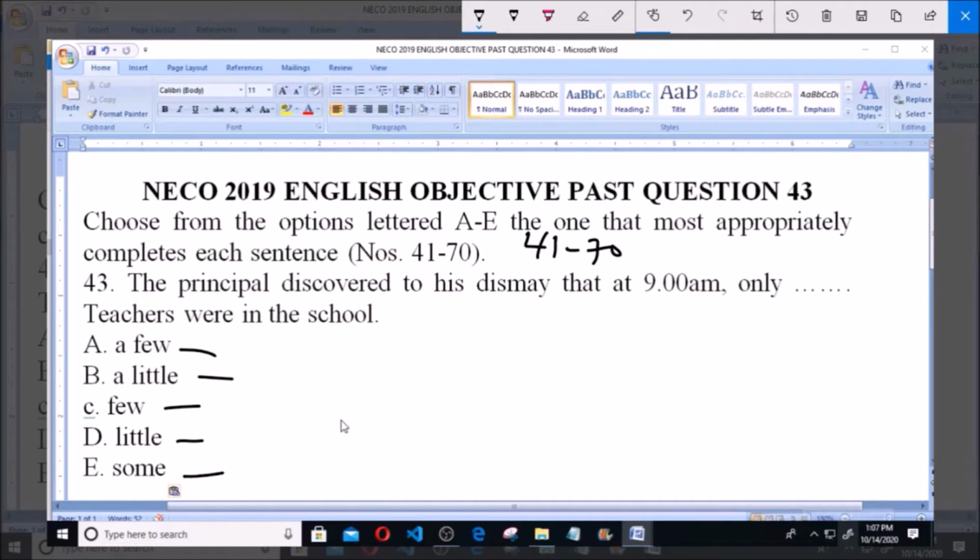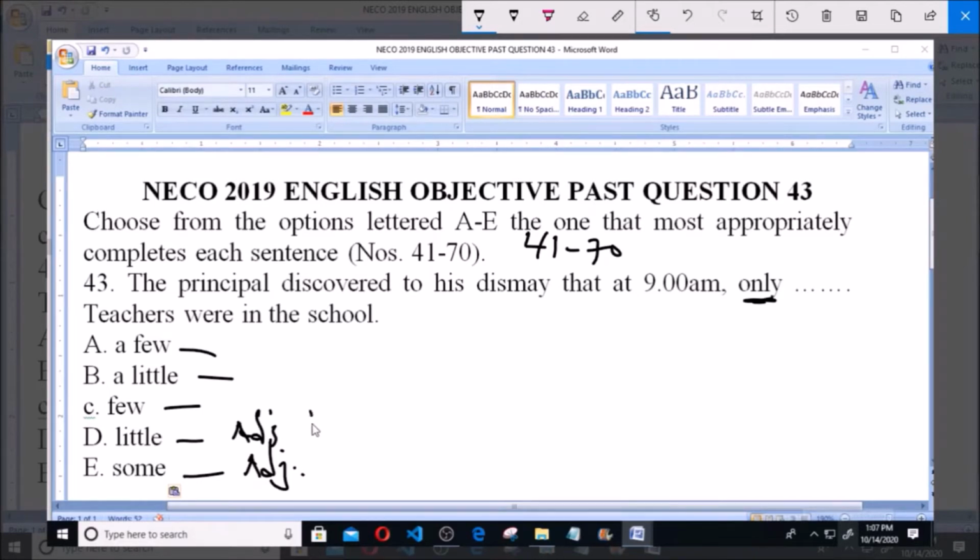Now when we talk of some, this some here is an adjective, and we cannot say some because the word only cannot complement some. Then little, we cannot use the adjective little to complement only. And also, when we talk of little, we can say little ones. So that refers to the situation where we can use little.